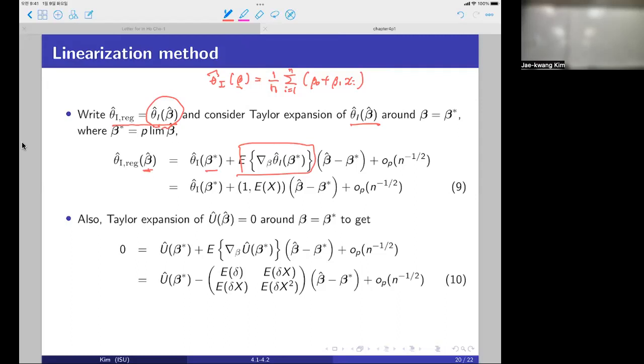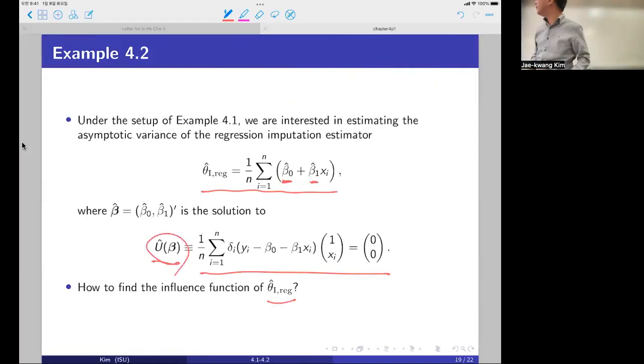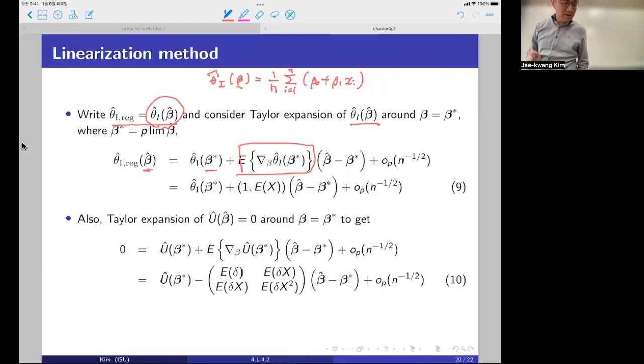There should be an equation that defines beta hat, so we should utilize that. So we should first identify which equation we have to determine beta hat.